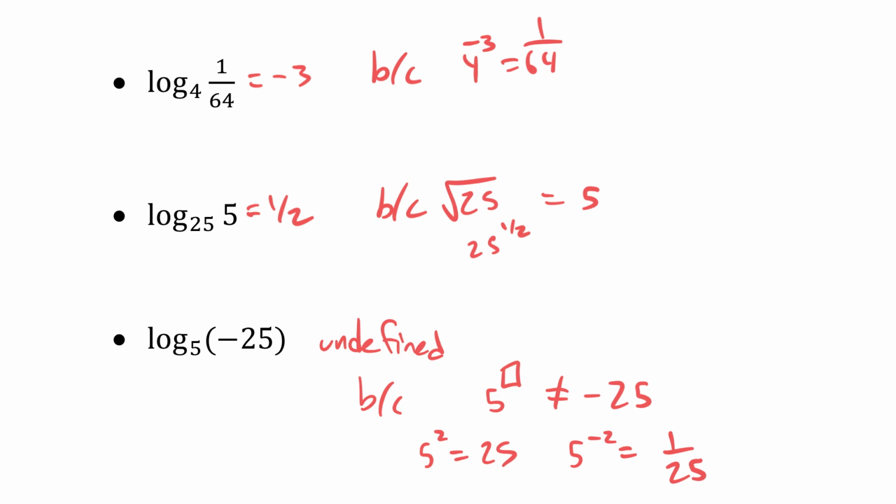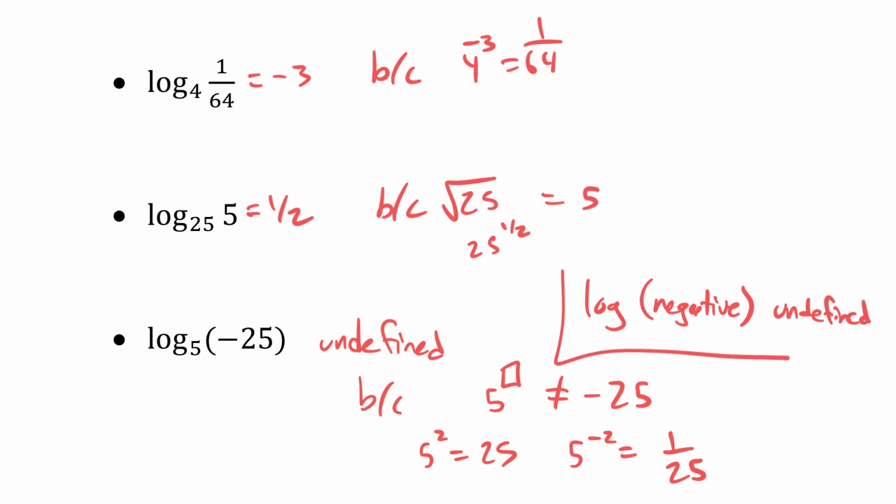But you'll never get a negative number. So anytime you try to do log of a negative, this is always undefined. You can't do the log of a negative number because you can't get negative numbers by doing exponents.